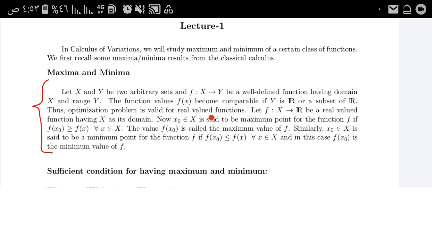So x0 is called the maximum point and f(x0) is called the maximum value.